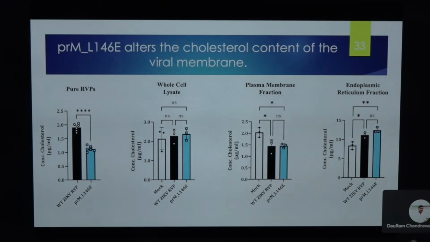Our mutations are disrupting cholesterol's integration into the virus membrane. So this seems like the PRM L146E generated SVPs make the SVPs by reducing cholesterol.